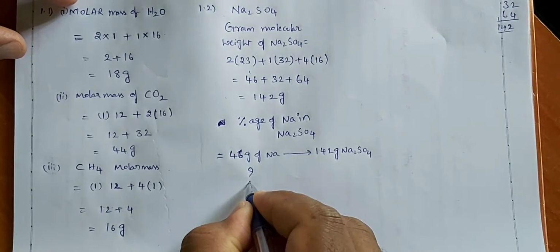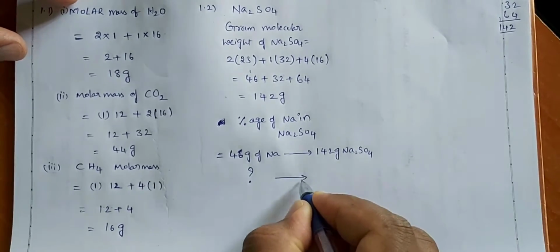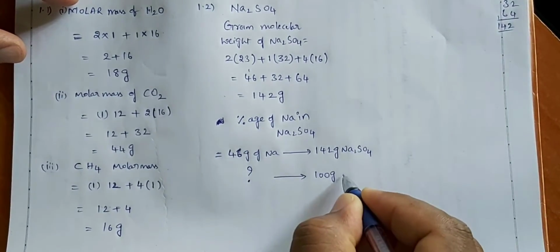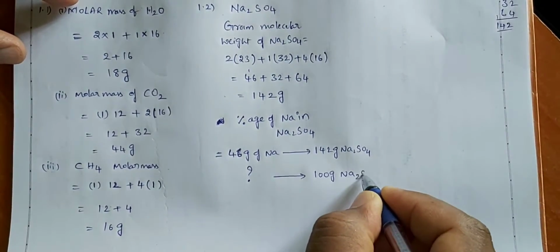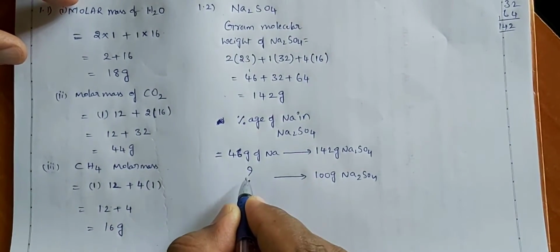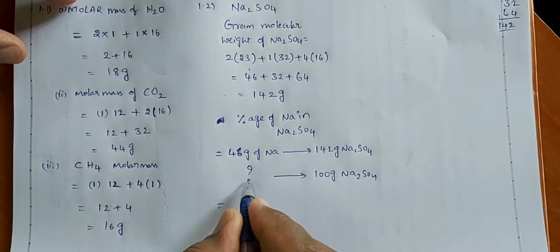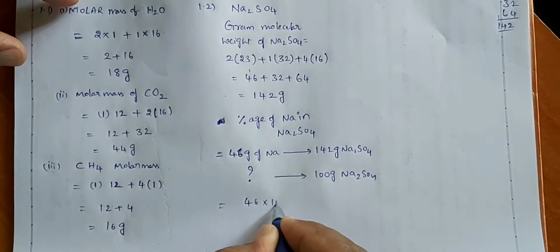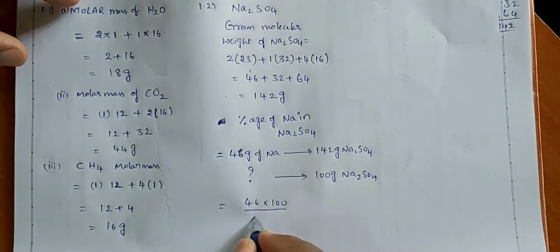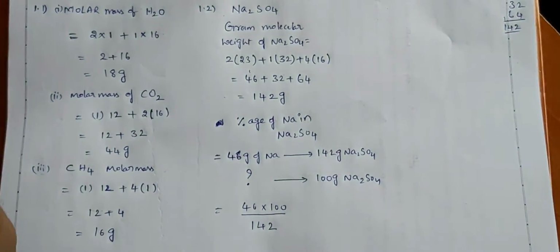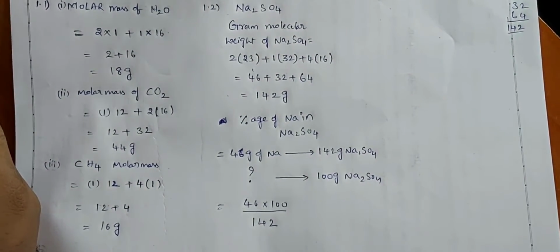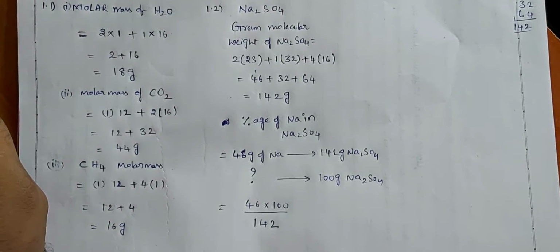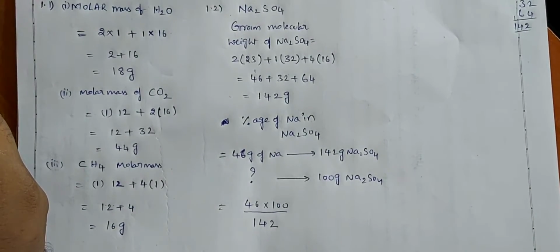Then how much amount of sodium is present in 100 grams of Na2SO4? This is called sodium percentage. The question mark is here. These two must be multiplied: 46 into 100 divided by 142.